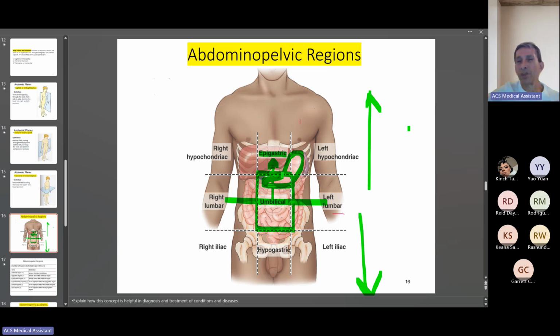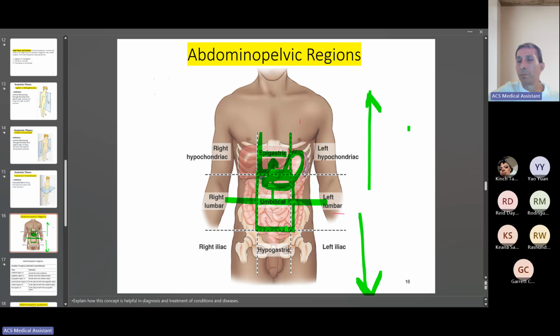So for that reason, we use the stomach, that it is part of the stomach located right here on the umbilicus. So we're gonna use epigastric. Right above the umbilicus, we're gonna find the epigastric region. Remember, epi means above, gastric means stomach.